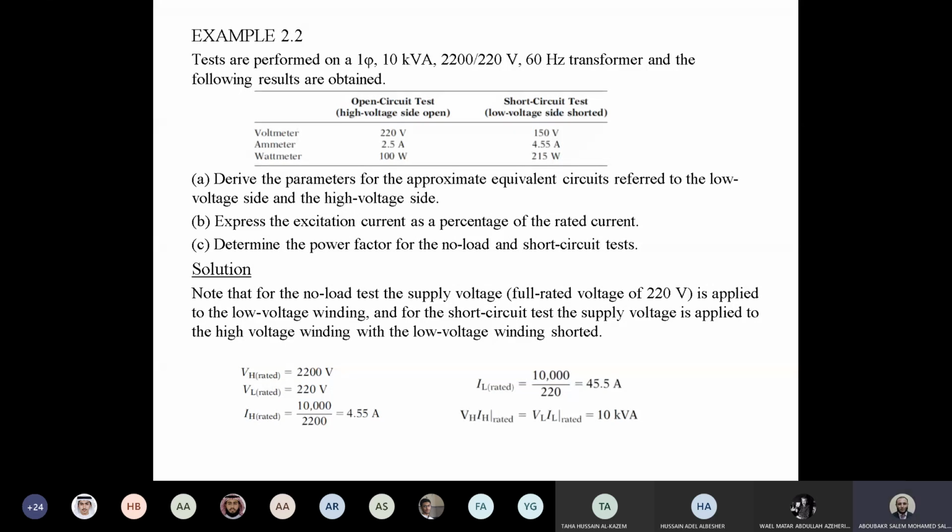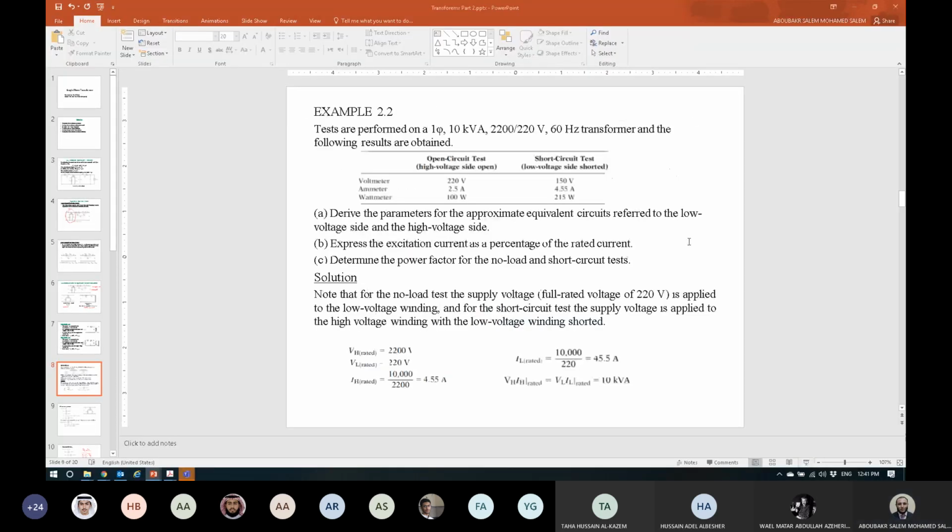So what is the percentage now? Which value of the rated current should we use, given the meter reads 2.5 ampere at no load? Which value should we divide by? Is it 2.5 divided by 4.5 or 45.5? Who can answer?